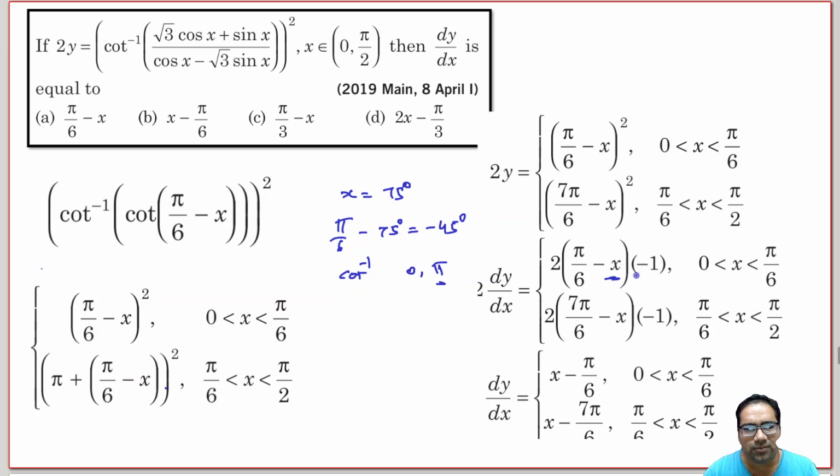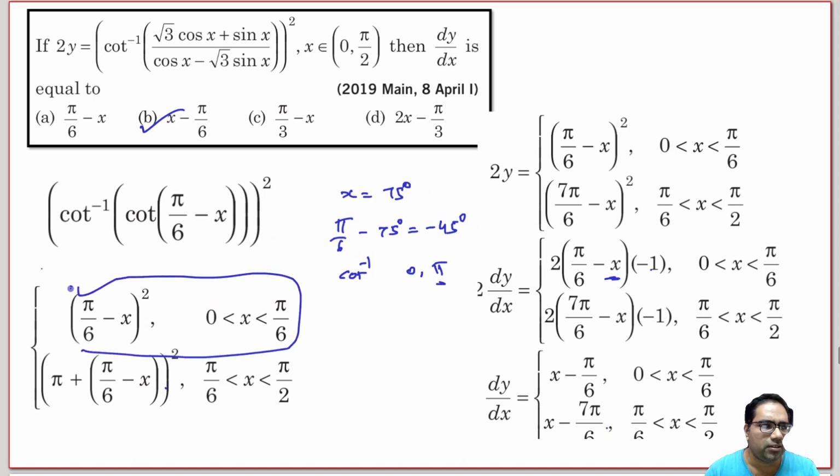Dy by dx is equal to, there is minus, so x minus pi by 6, or x minus 7 pi by 6. Here x minus pi by 6 is given, x minus 7 pi by 6 is not given. Basically, they have taken only this part. They did not worry about the other part when x is lying between pi by 6 and pi by 2. So what is the correct answer? x minus pi by 6.